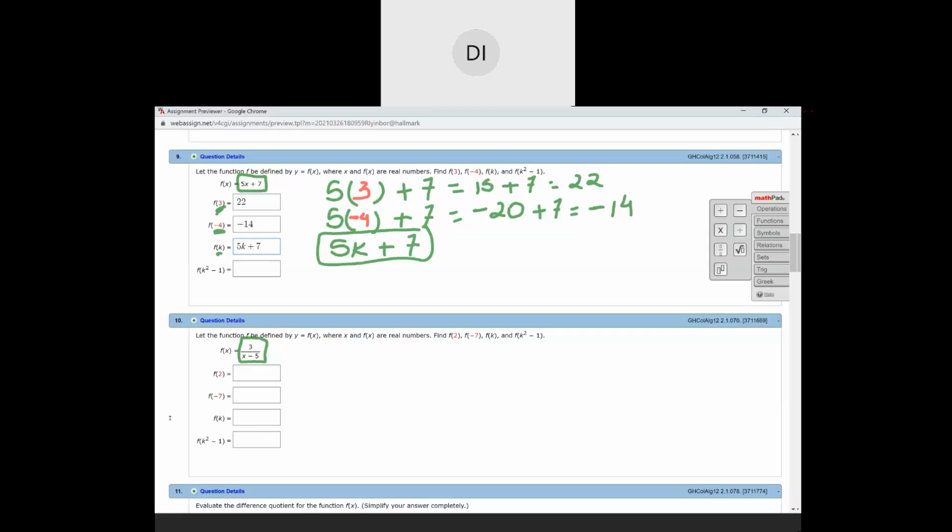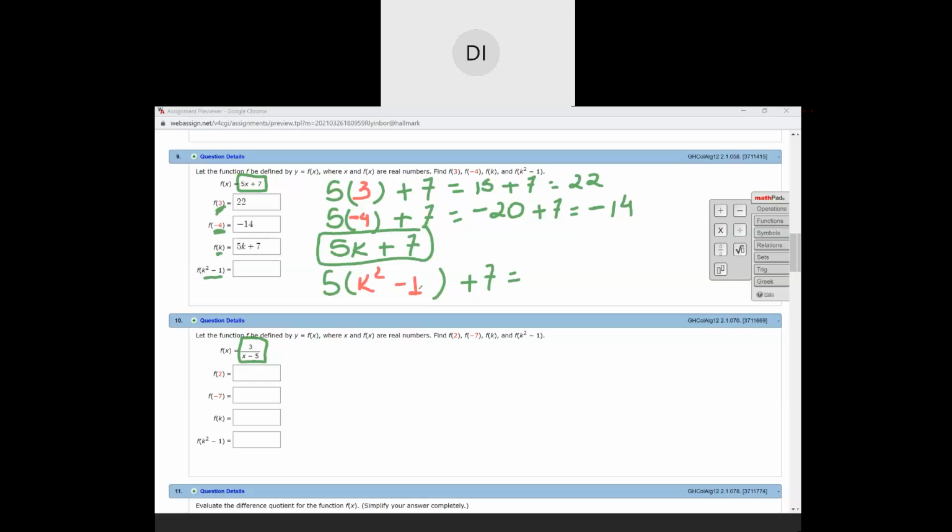Okay. And then the next one, you're doing the same, but we're going to simplify a little bit. So the next one, we're going to plug in k squared minus 1 in the place of x. So we're doing the same: 5, we're going to plug in something, plus 7. So what do you plug in? Everything it says there. We're going to plug in k squared minus 1.